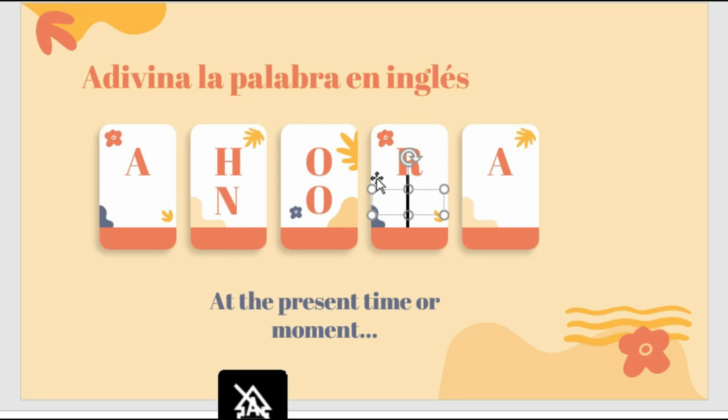W. So what is the name of this letter again? W. ¿Y esta? O. ¿Y esta? N. ¿Cómo dice? Now. And what is now for? Ahora. And what is the meaning of ahora? At the present time or moment. Good job.